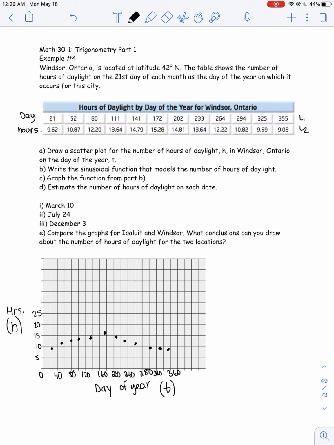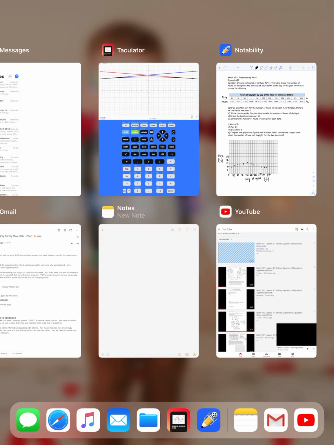There is a way to do this in your calculator to get a really accurate graph. You can press Stat, Edit, which is number 1, and in your L1 and L2, you want to enter these values.